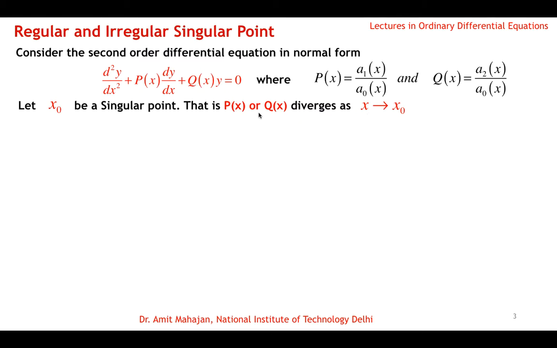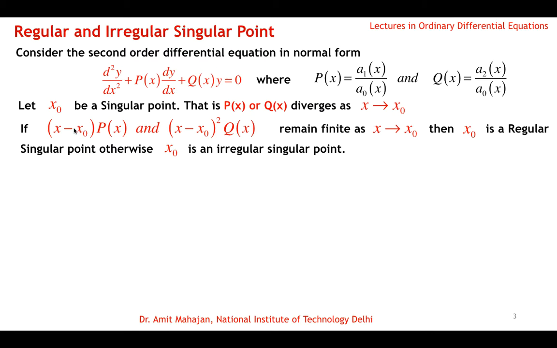Okay, now in addition, if we calculate x minus x naught into p, where x naught is the singular point, so x minus x naught multiplied by p, where p is this function, and also x minus x naught square times q. Okay, so this q function and x minus x naught square. Okay, with p a linear factor and with q a quadratic factor.